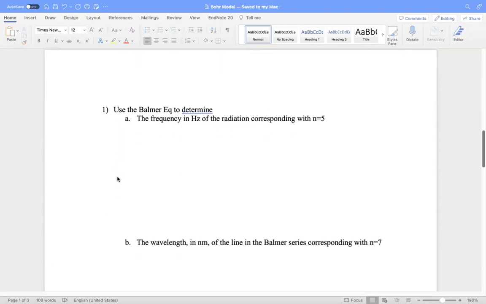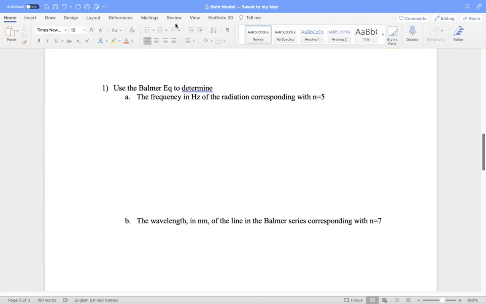And so now we're ready to jump into these specific questions. So this first one says, use the Balmer equation to determine the frequency in hertz of the radiation corresponding with n equals 5.